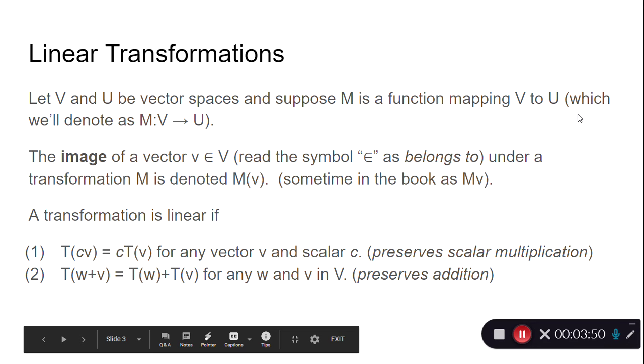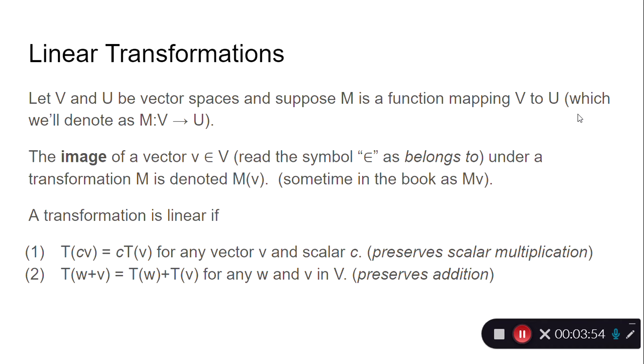So a bit more notation and language. The image of a vector, that's just what happens to the vector. So you have some linear transformation, it does something to a vector, and the result is the image of the vector under a particular transformation. This preposition under is used commonly.